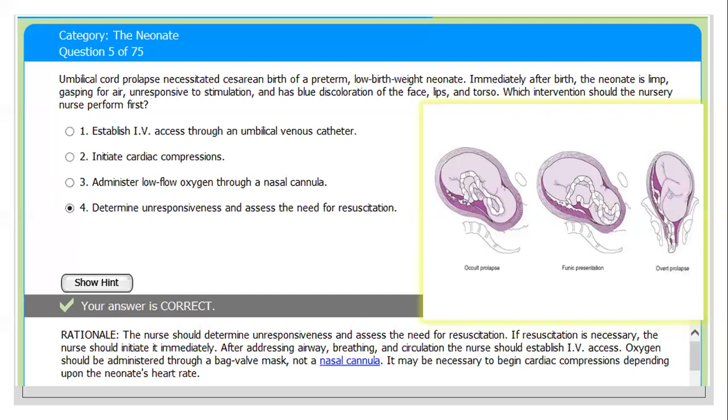Sometimes the NCLEX board asks a question: how many arteries and veins does the umbilical cord contain? It is made up of 3 blood vessels, 2 arteries and 1 vein.